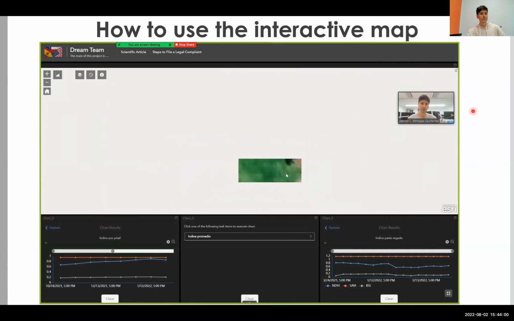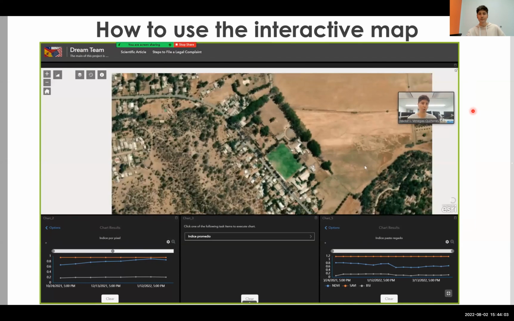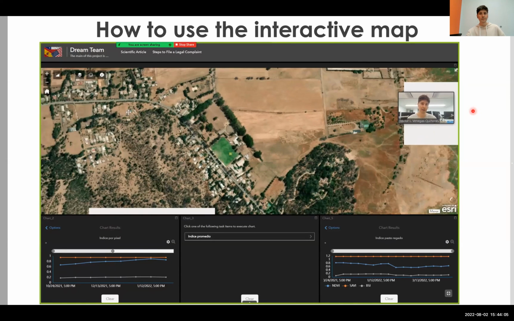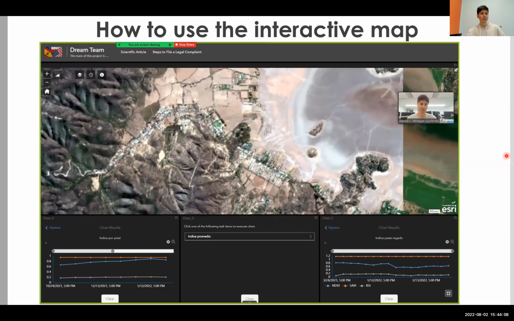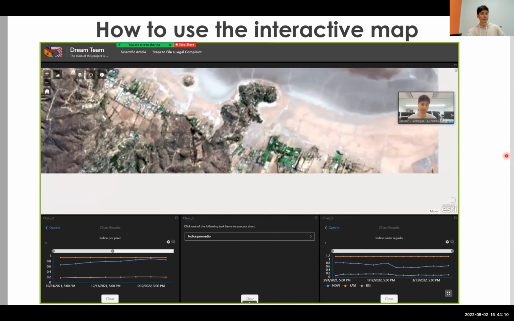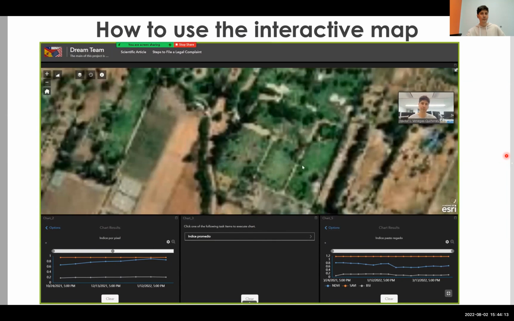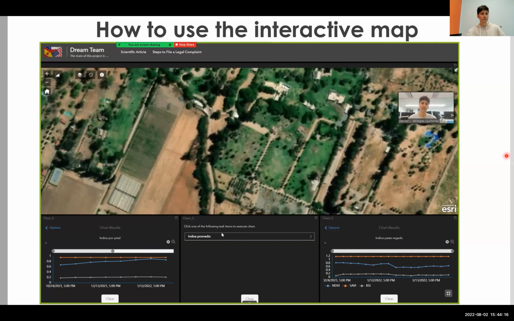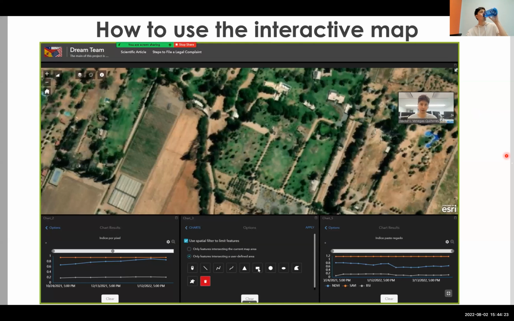And the other thing that I would like to show you is that if you are worried about one specific location and you don't want to know the specific value for one pixel, and you're worried about what is the minimum value or what is the maximum value or what is the average value, in this case I'm going to show you how this works. For example, we can select a square over here, and we're going to have all the data related to that square, and we're going to have the average value.